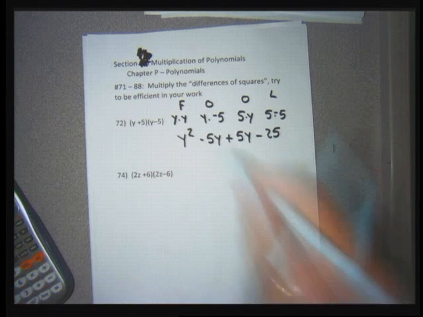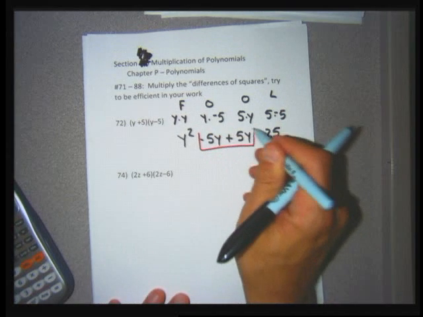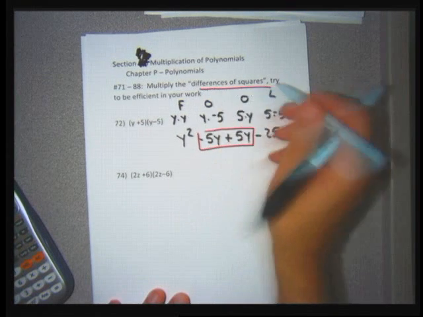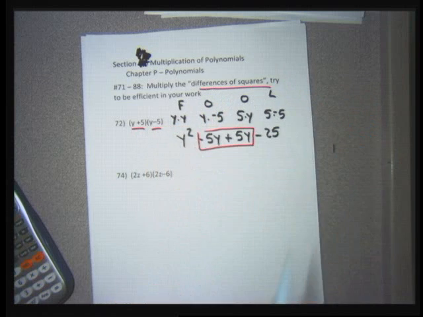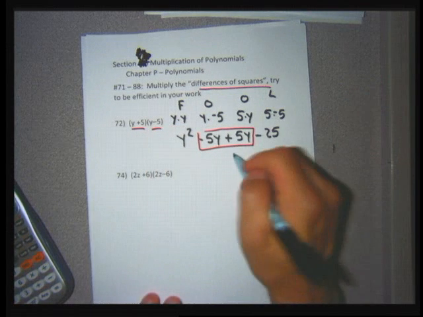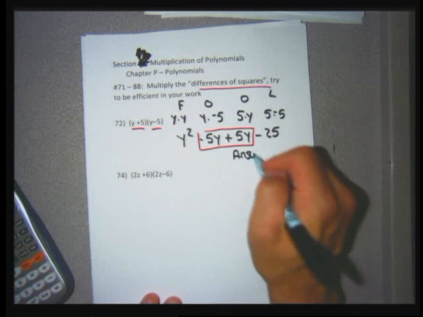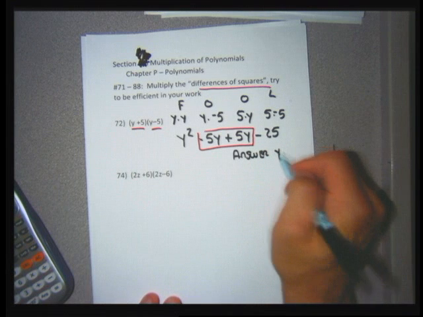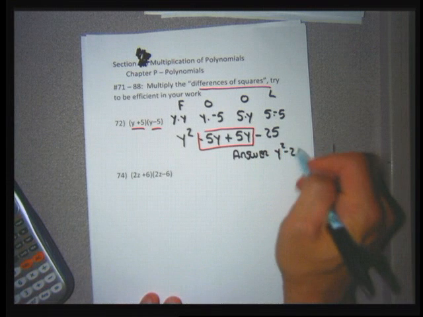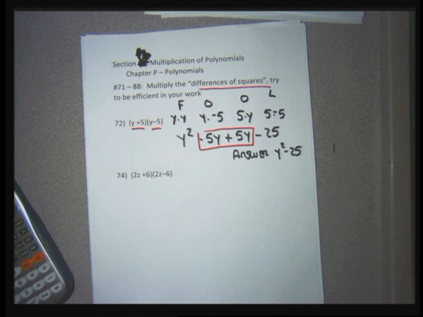And anytime you're multiplying conjugate pairs, or we can call them differences of squares, same binomials, one with a plus sign, one with a minus sign, the outers and the inners will always cancel. So for every problem between 71 and 88, these are conjugate pairs or differences of squares, and I should be efficient and just do the first and the last.